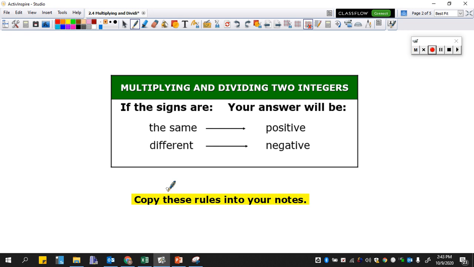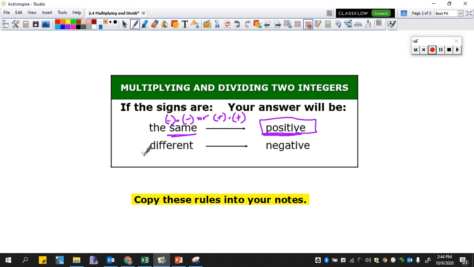Those rules are that if the signs are the same, your answer is going to be positive. This means a negative times a negative, or a positive times a positive. If you have that, your answer is always going to be positive.